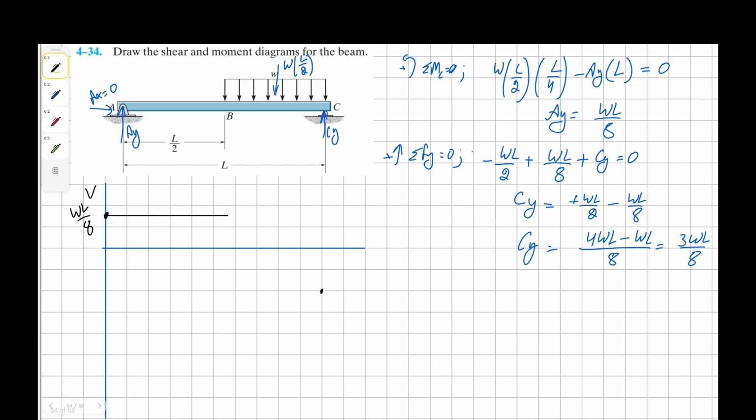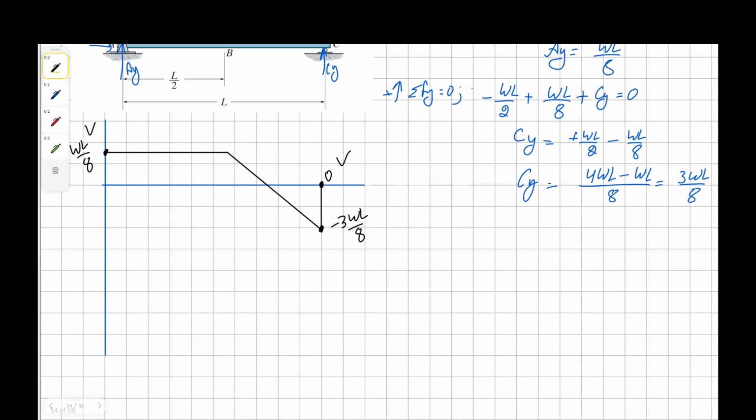So when we take WL divided by 8, take away WL over 2, we're going to have a value below 0, negative 3WL over 8. And our curve is going to be first order. And then our CY, which is positive 3WL divided by 8, is going to bring us all to 0.